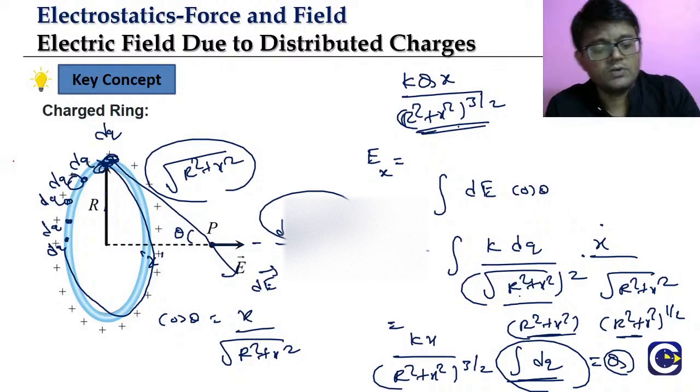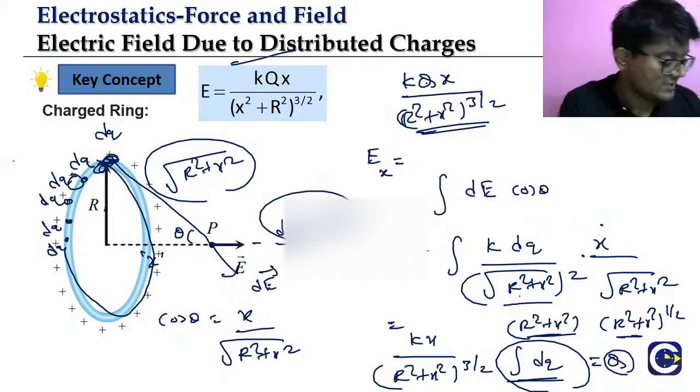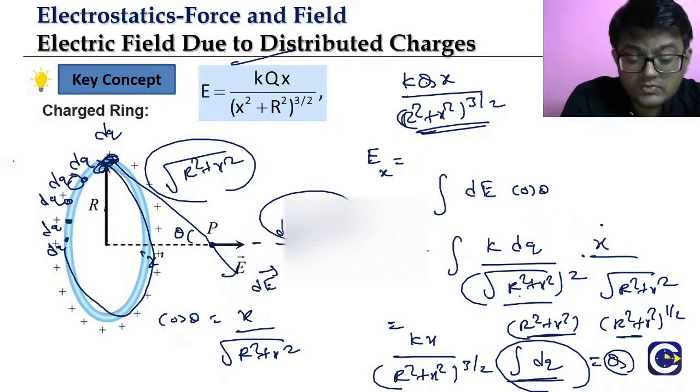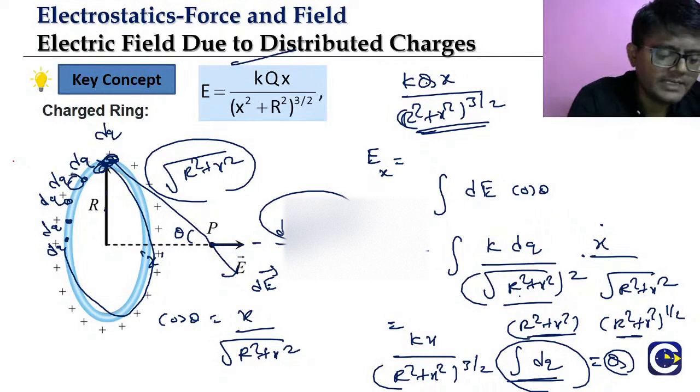In which direction? It will be along that axial line. That is the formula we got: k capital Q into x divided by r square plus x square whole power 3/2. We have to keep this formula in mind, because we can expect some questions based on this formula. Okay, so look at what kind of questions we can expect on this.